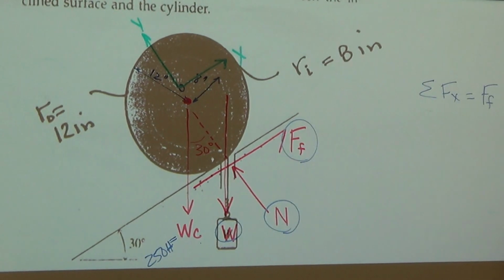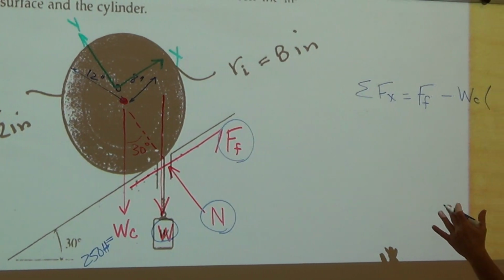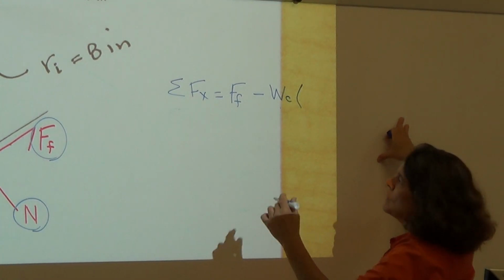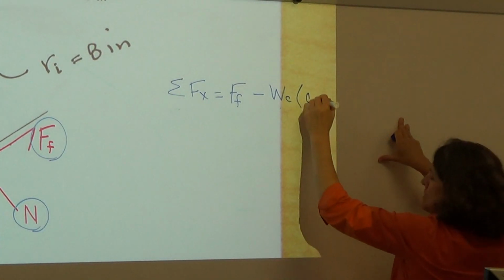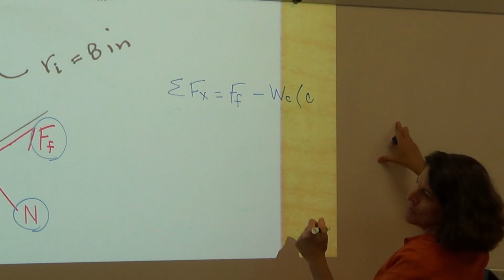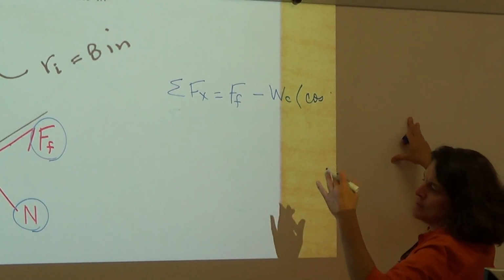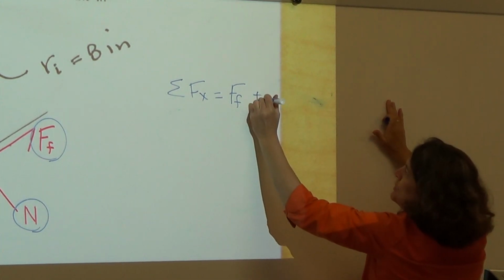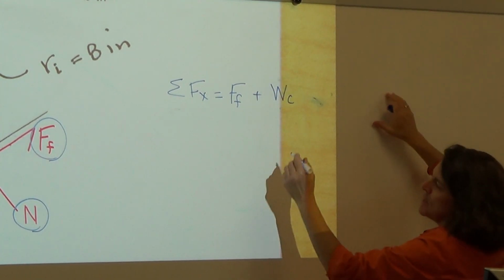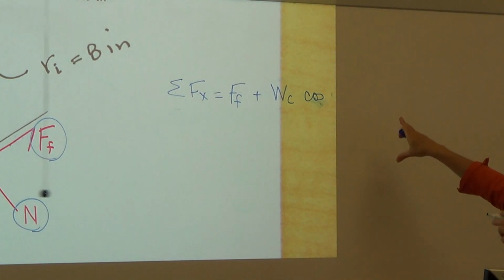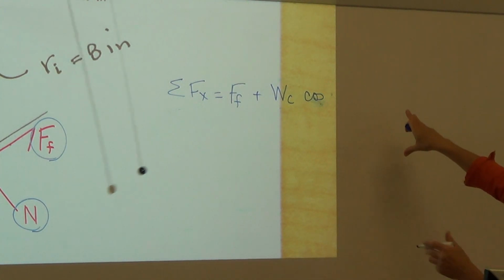minus WC times cosine 60. Is it a negative? Yeah. So shouldn't I really be doing WC times the cosine of 60 plus 90, 150, no?